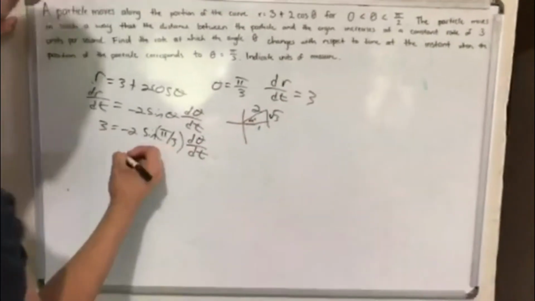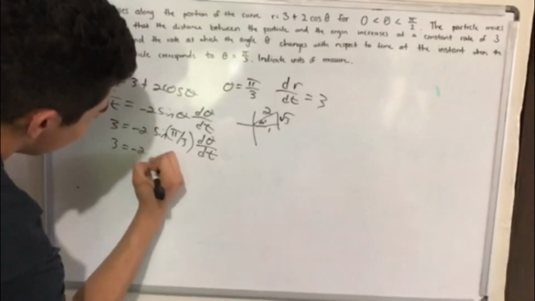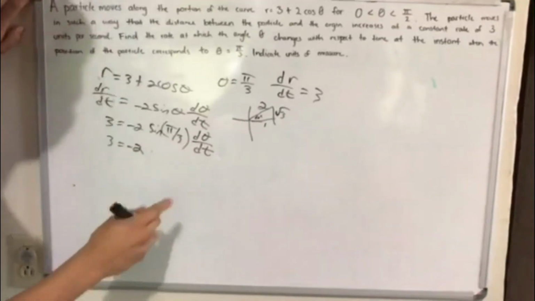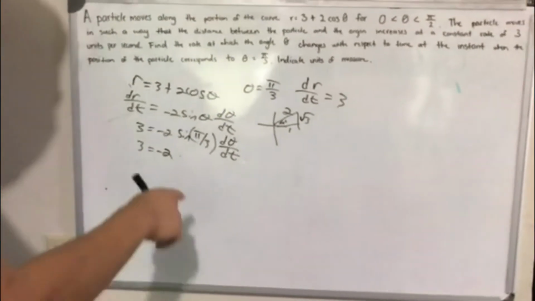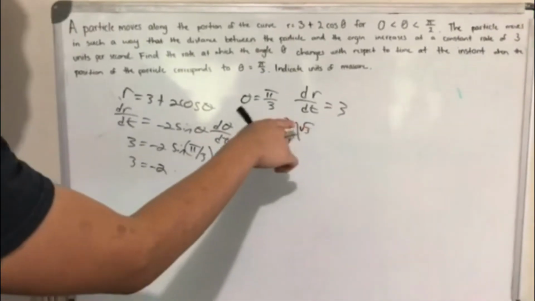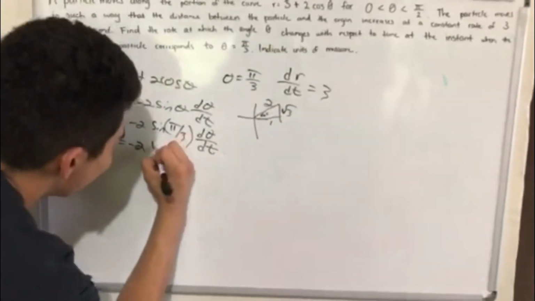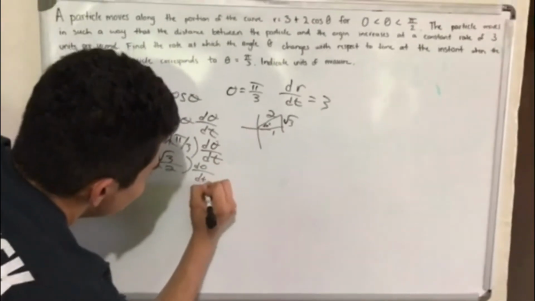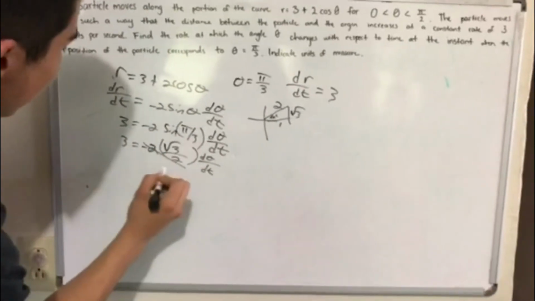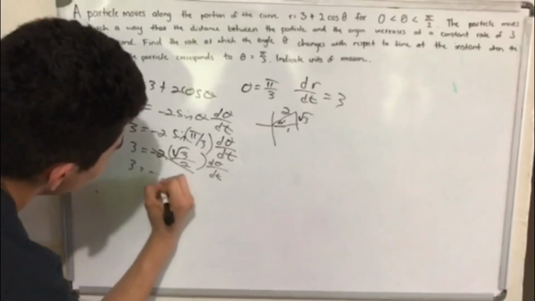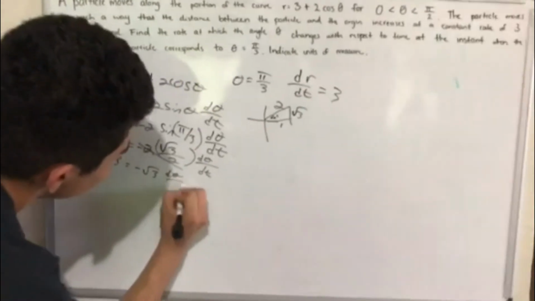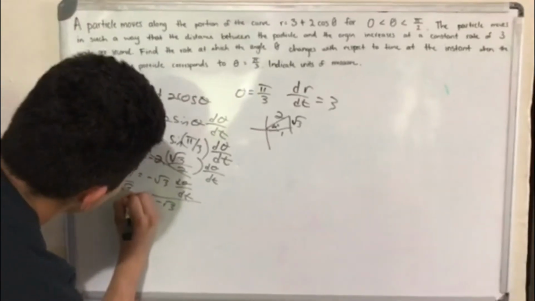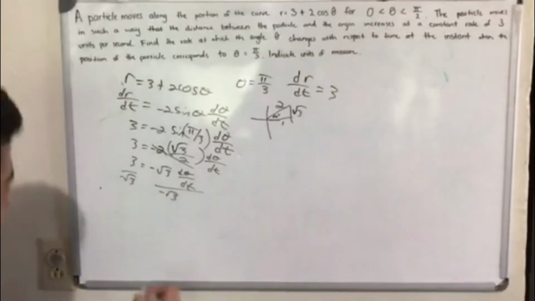So the sine of this is opposite over hypotenuse, which is radical 3 over 2. So then this cancels out, and 3 equals negative radical 3 times d theta/dt. And you divide by negative radical 3, and then that's your answer.